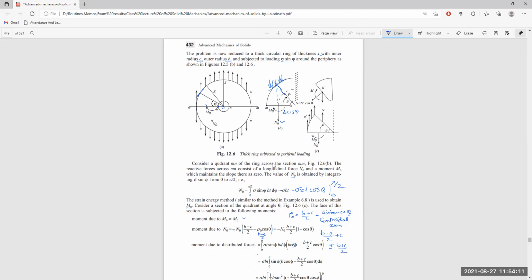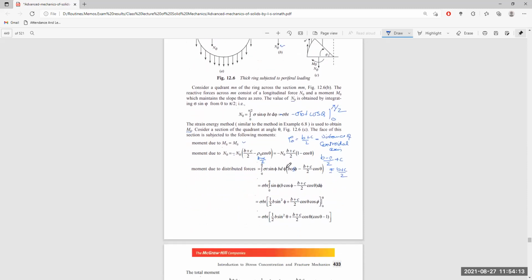Now you have to simplify it to a certain extent. We bring the d phi here, and sine phi is brought here in b cos phi, (b plus c) cos theta itself. Again, we have to integrate it between the range 0 to theta.